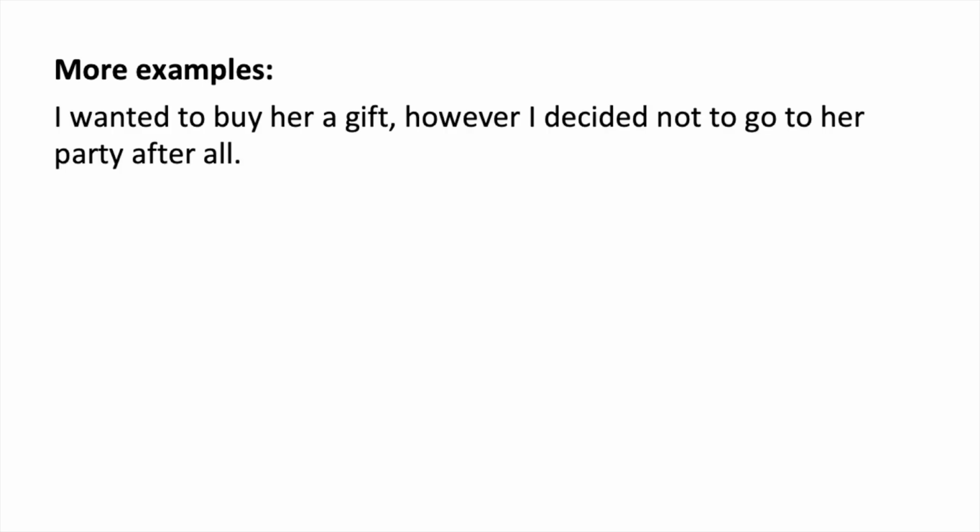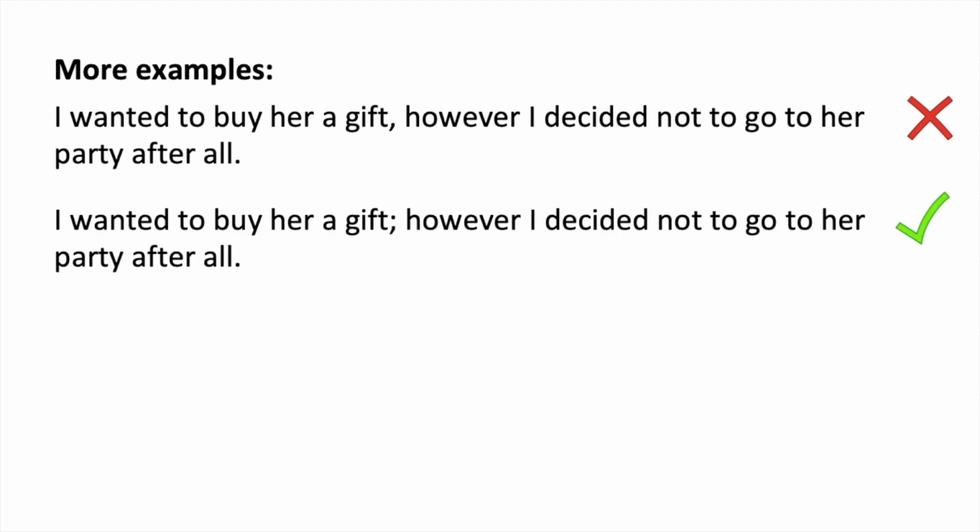Let's have a look at some more examples. I wanted to buy her a gift, however, I decided not to go to her party after all. This is incorrect because the comma is not strong enough to connect the two independent clauses. Instead, we can use a semicolon. I wanted to buy her a gift; however, I decided not to go to her party after all.